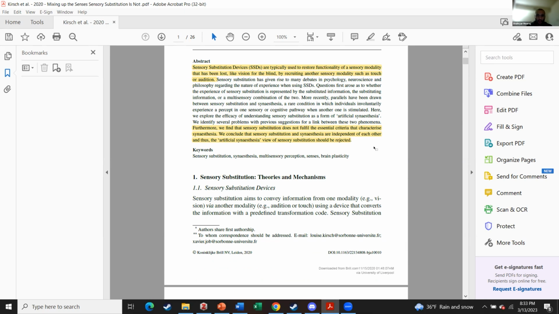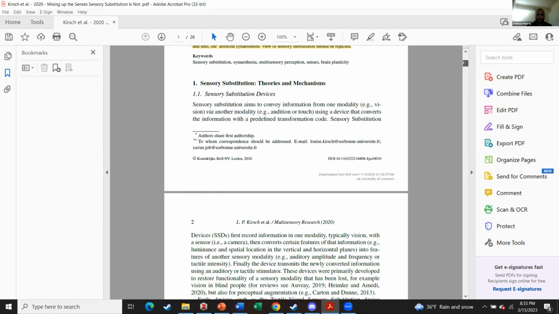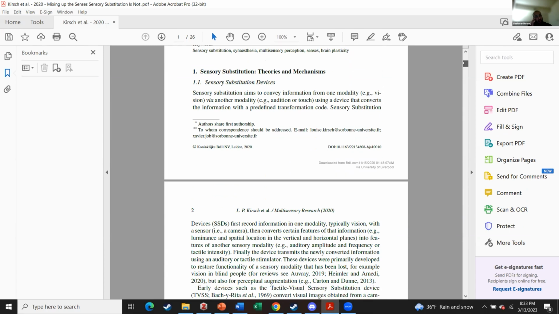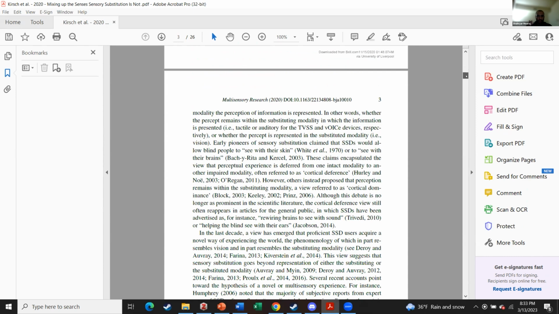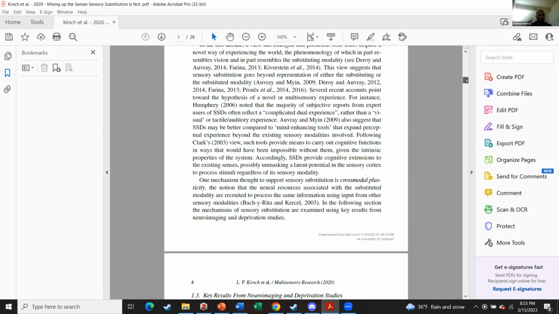Those would be sensory substitution devices that are there to make up for the lack of a sense. Then this section goes over a lot of different sensory substitution devices, which I'm not going to talk about.